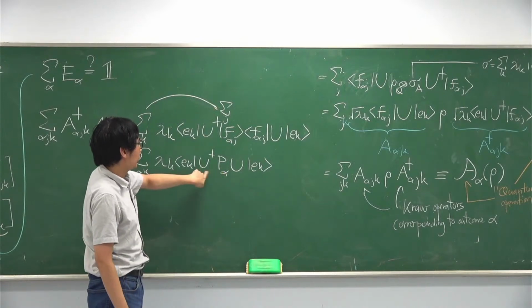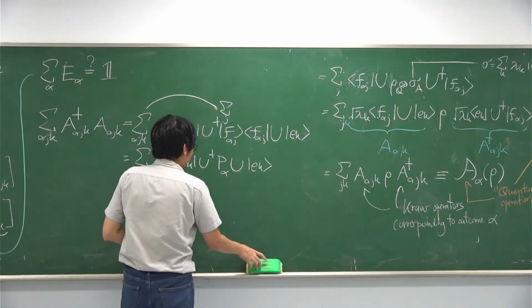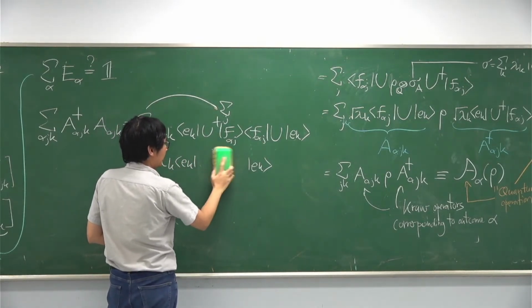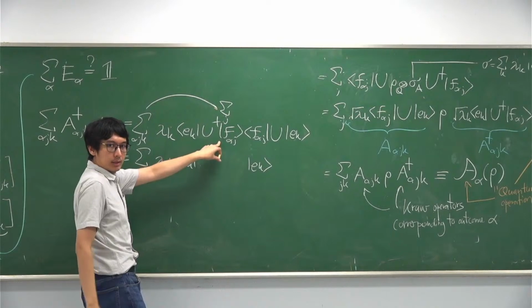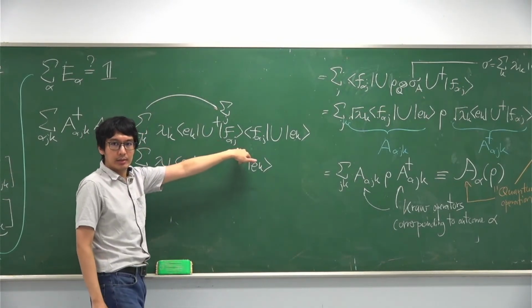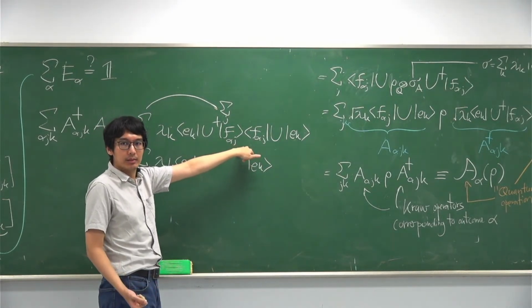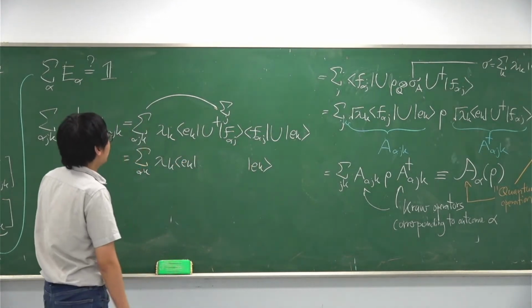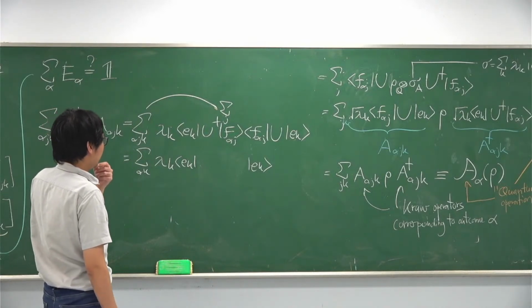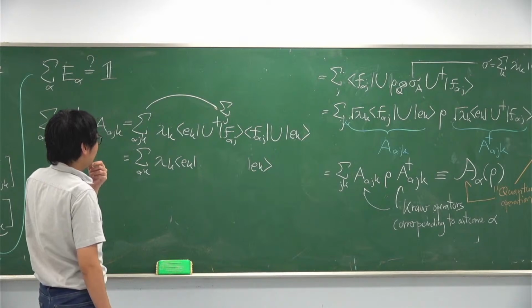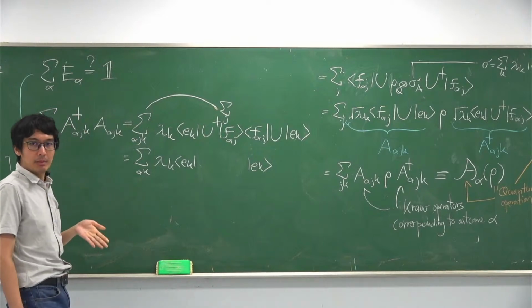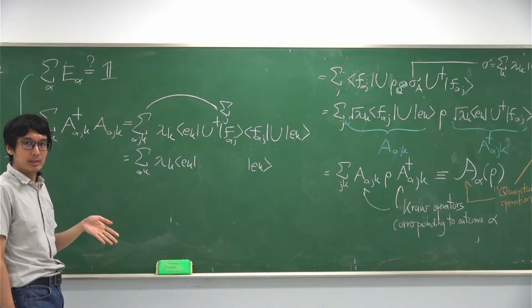What is the transformation here? Before I sum over alpha, since these F alpha j are just elements of an orthonormal basis, I want to argue that the unitary will map an orthonormal basis to an orthonormal basis also.